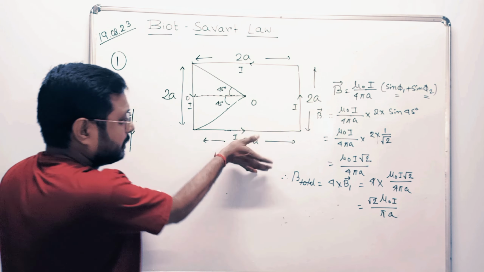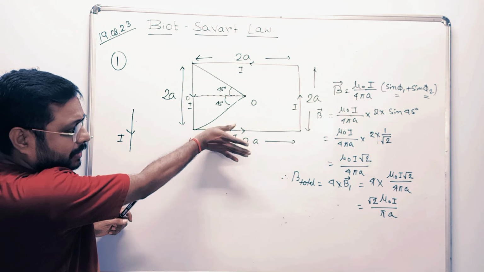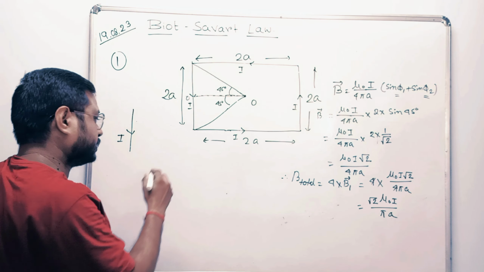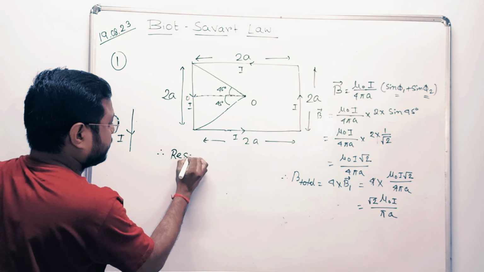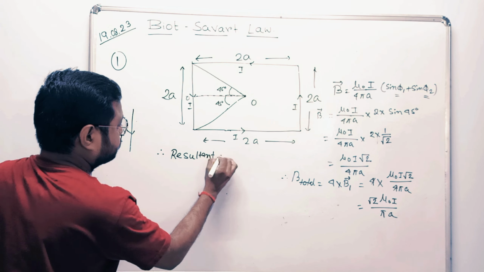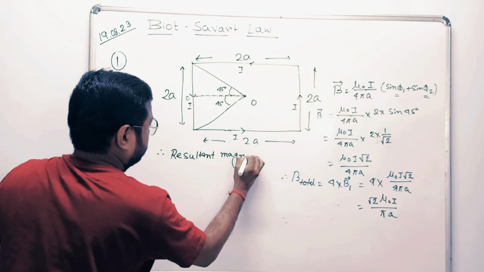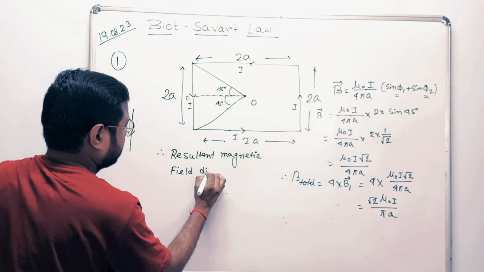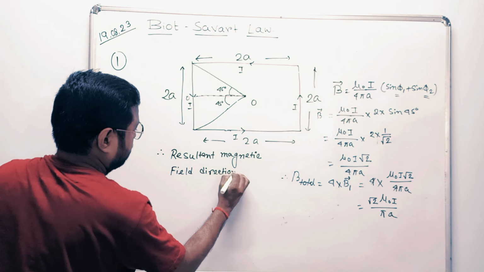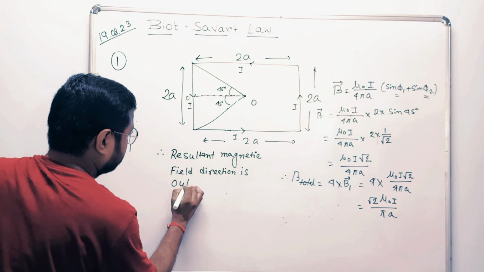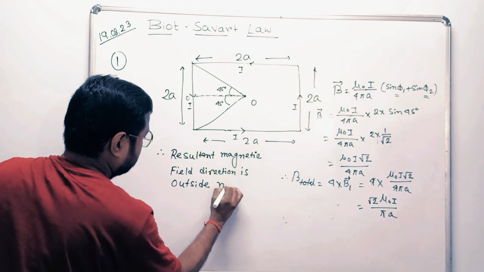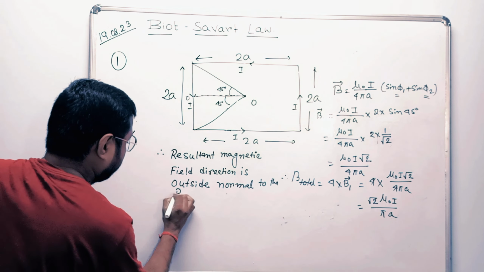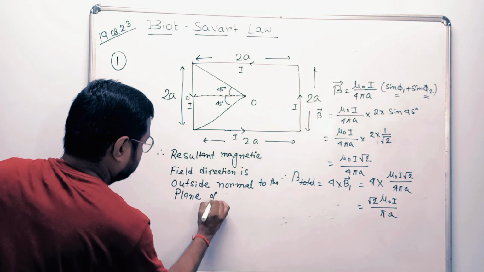Similarly, for this side, if we extend our thumb and curl our fingers at point O, this is also outside, and this one too will be outside. So the resultant magnetic field direction is outside, normal to the plane of the square.